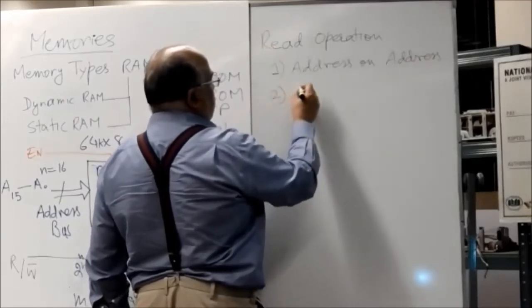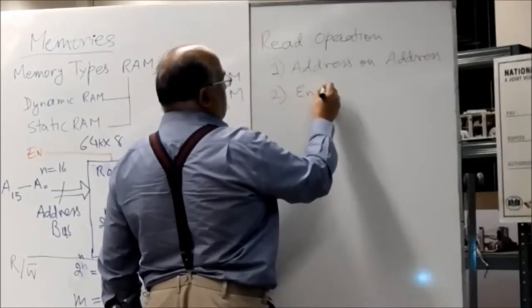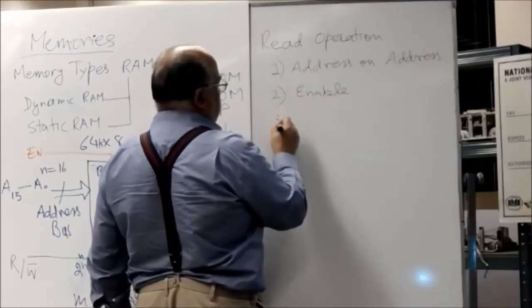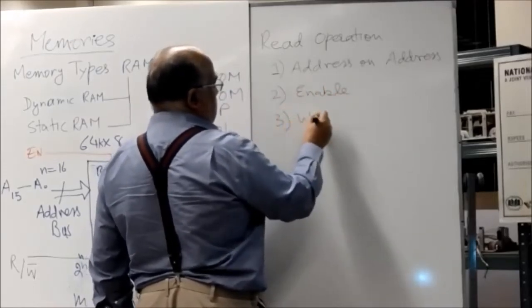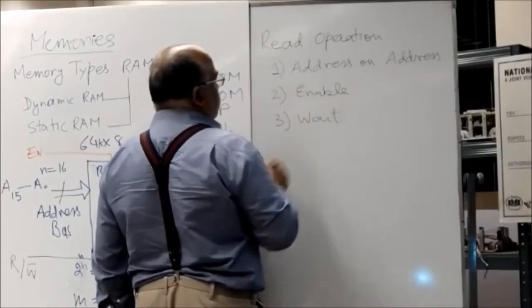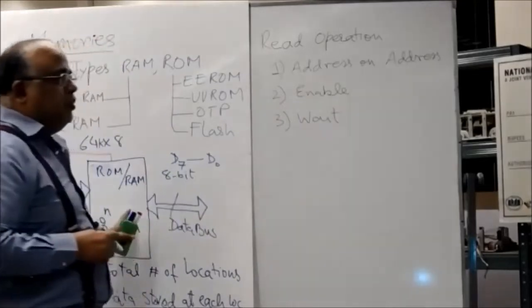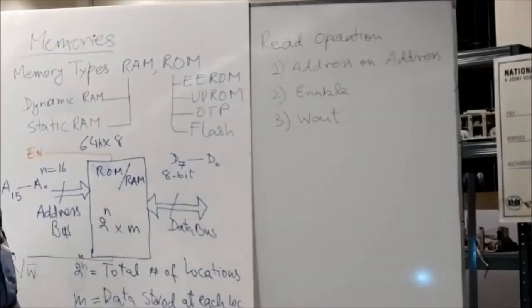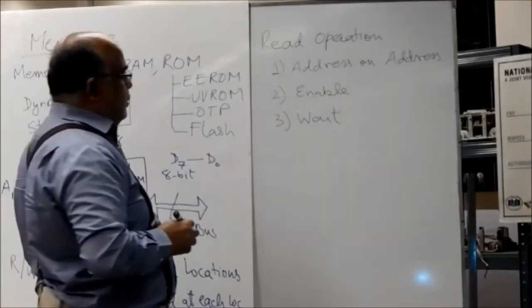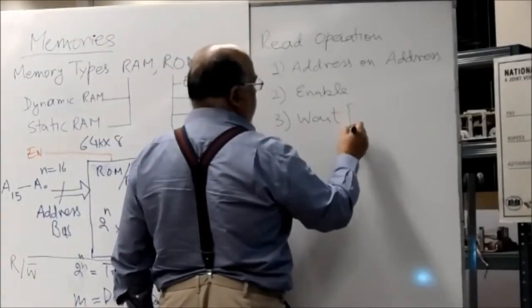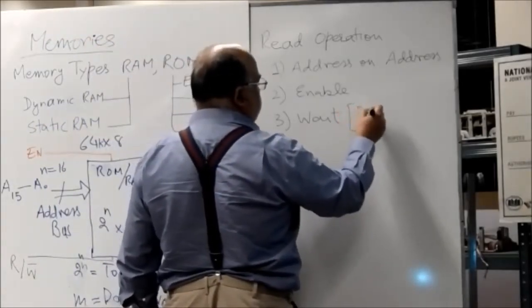Then you do enable, and then you wait, because this is not a zero time device. RAM takes time. Wait. Where do you find this wait time? This is given in data sheets.